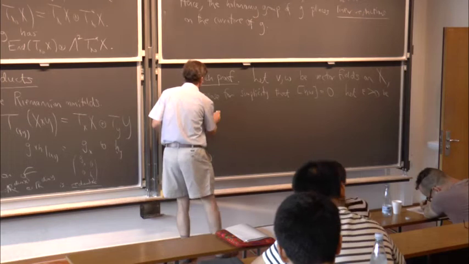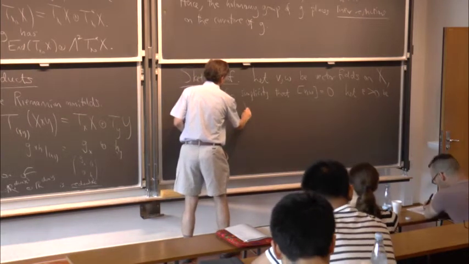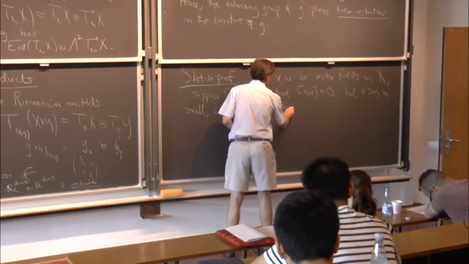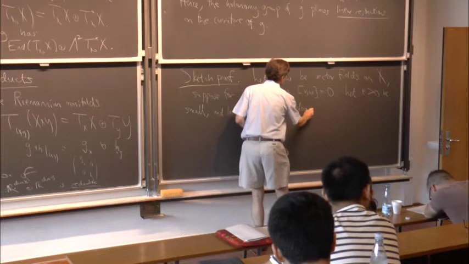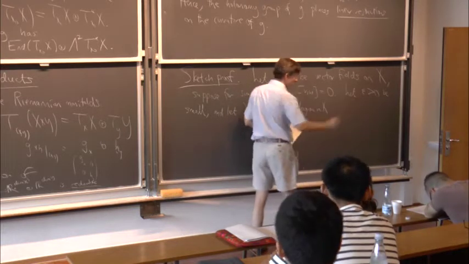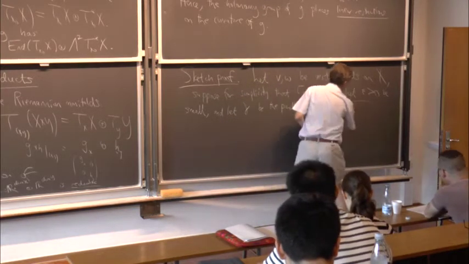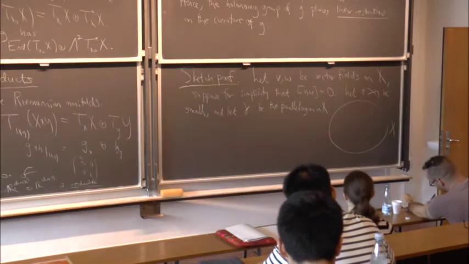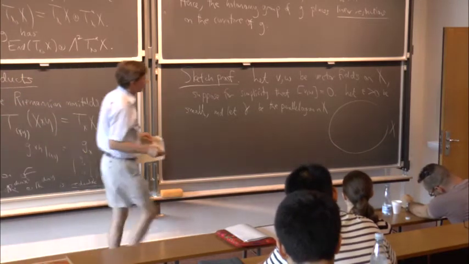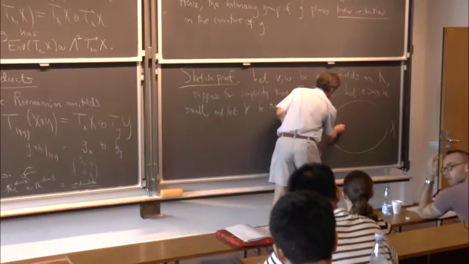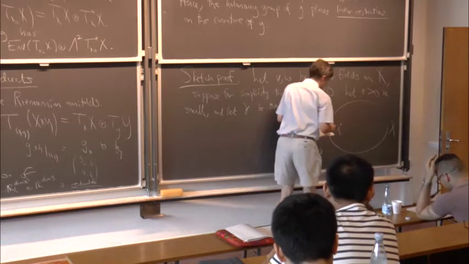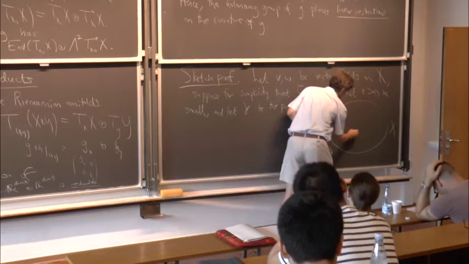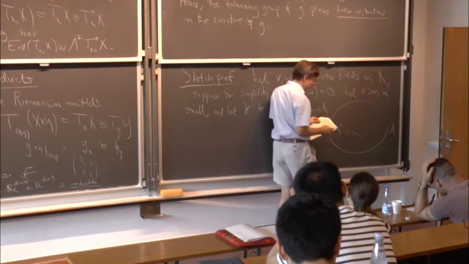And let gamma be the parallelogram in X. I want to start at my base point x0. I want to follow V for time epsilon.